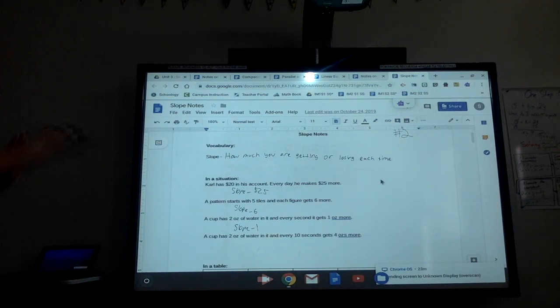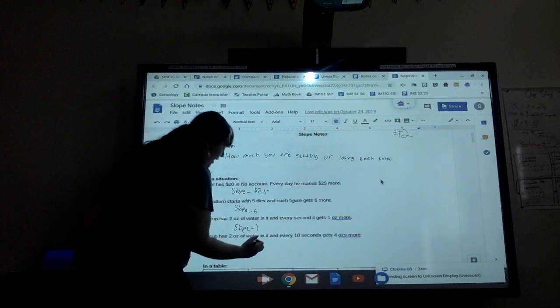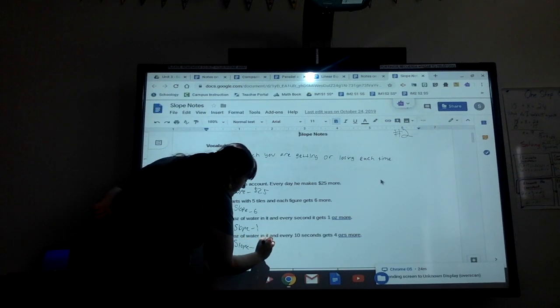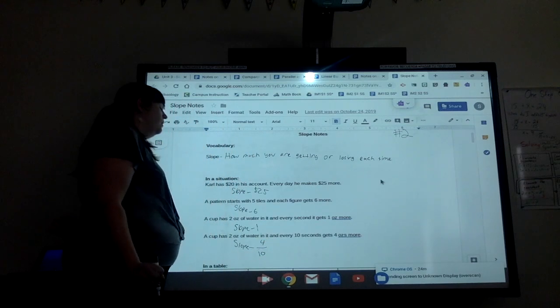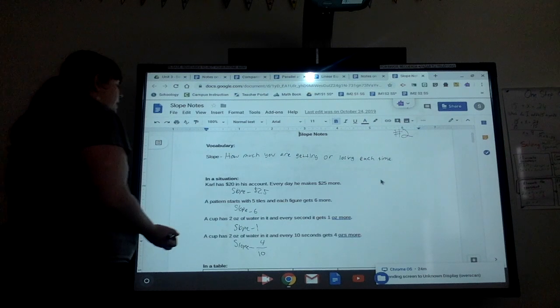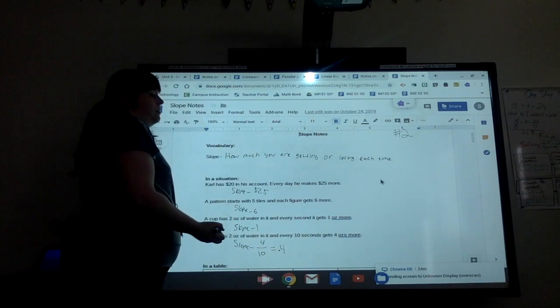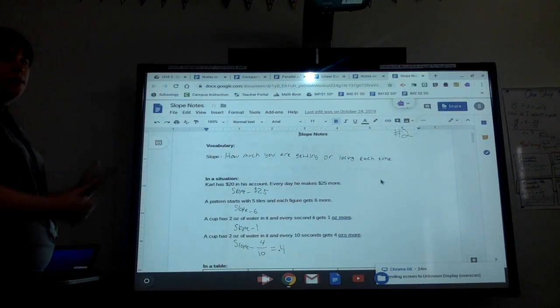So if it took 10 seconds to get 4 more ounces, to figure out for 1 second, you take how much you have, which happens to be 4, divided by how much time it took. So if I got 4, but it took me 10 seconds, then when I divide, I find out that every 1 second, I get 0.4 more. So the slope in this case would be 0.4.